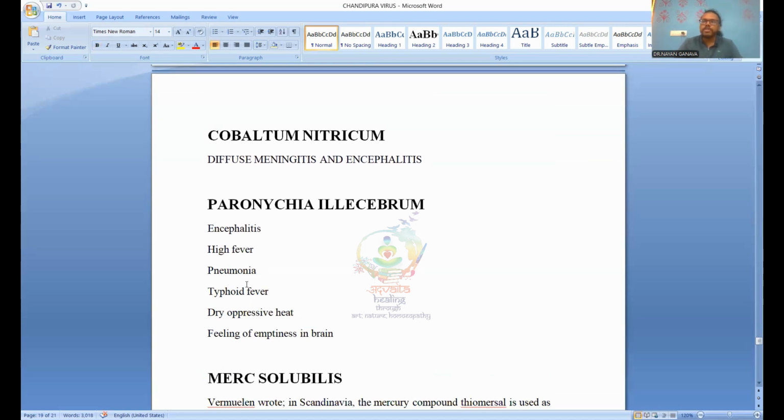Okay, I have just mentioned a few important symptoms regarding encephalitis, just to show you all that we have some role in treating Chandipura vesiculovirus encephalitis and we can help them in a better way.